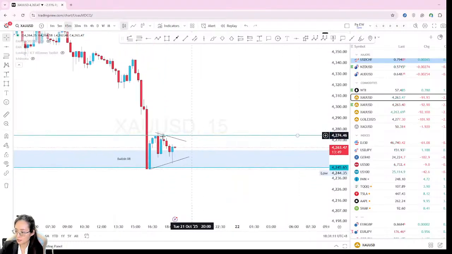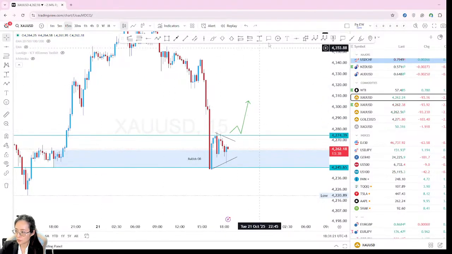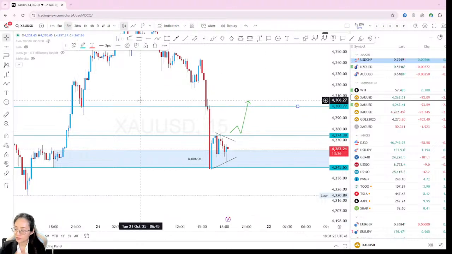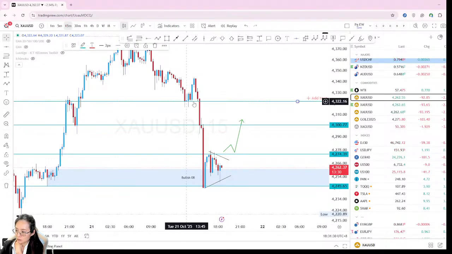If the body closes above, then maybe you can buy, and you would aim for at least this as your TP1 for the M15.